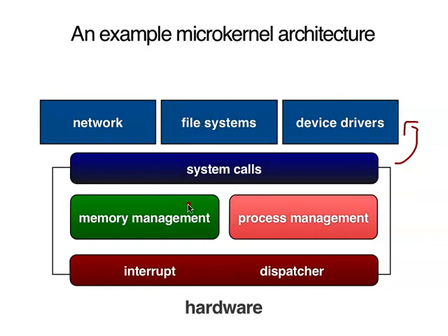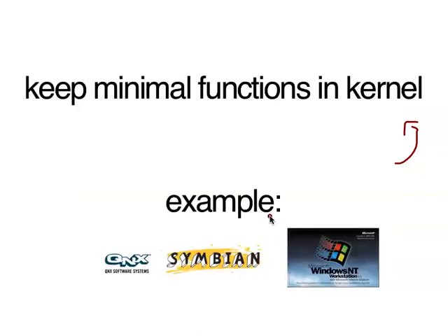In the kernel, you only do memory management and process management. This type of architecture is used in operating systems, especially for small devices, because you really want to keep the kernel small. Two favorite examples are QNX, an embedded OS, and Symbian OS, which is the OS that ran on Nokia phones.